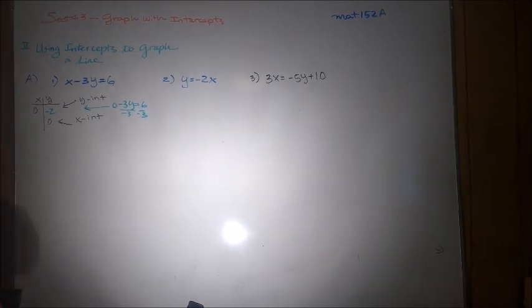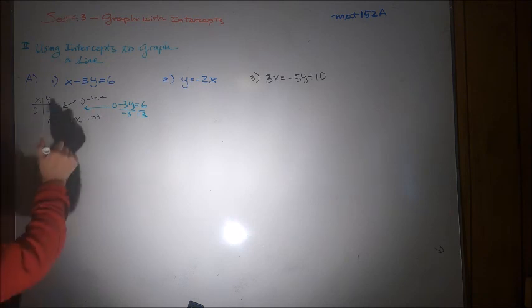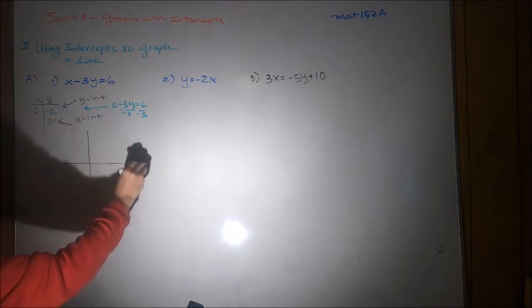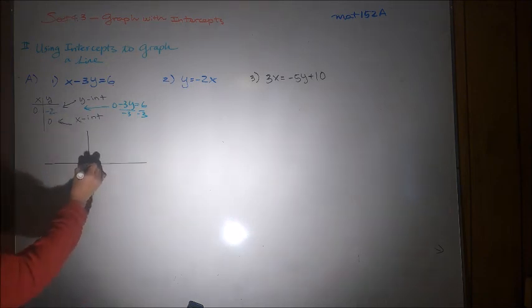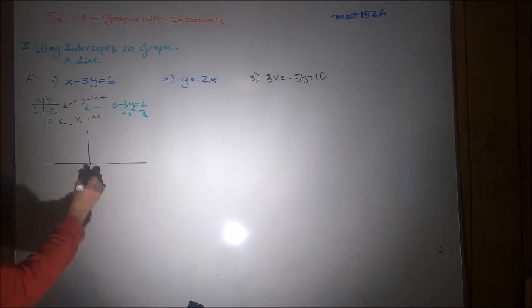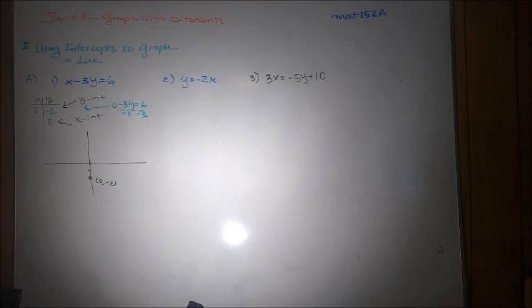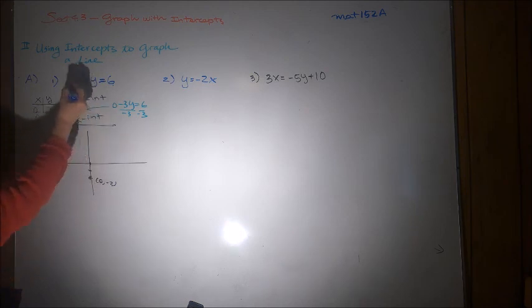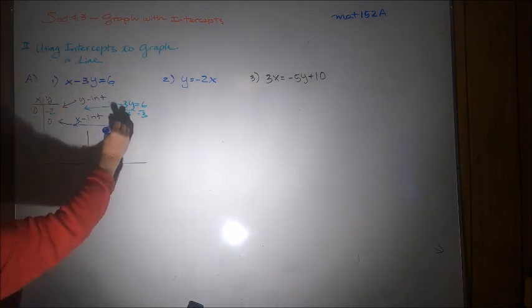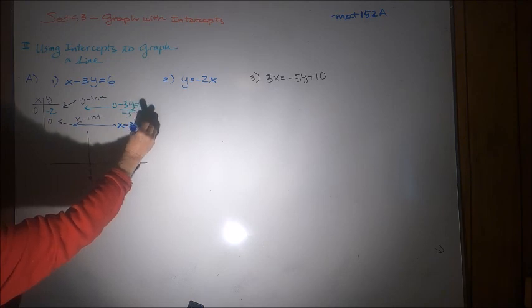So we have one point, 0, -2. Then another point is when y is 0. You plug in x minus 3 times 0 equals 6.